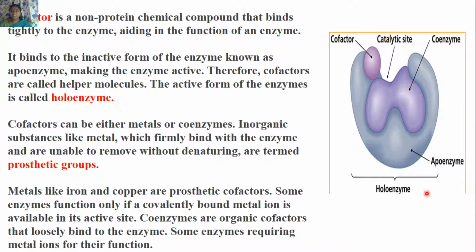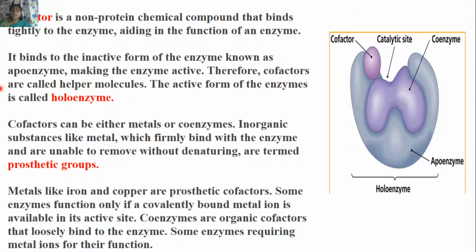This is a holoenzyme. It binds to the inactive form of an enzyme known as the apoenzyme. When the cofactor binds, the apoenzyme becomes active. This binding makes it ready for the reaction.